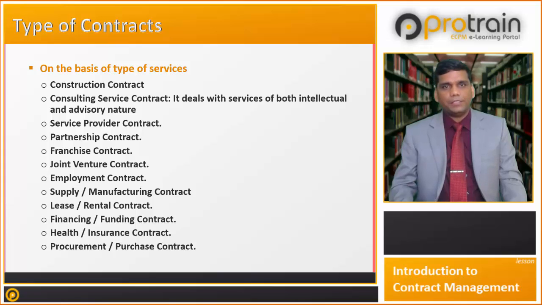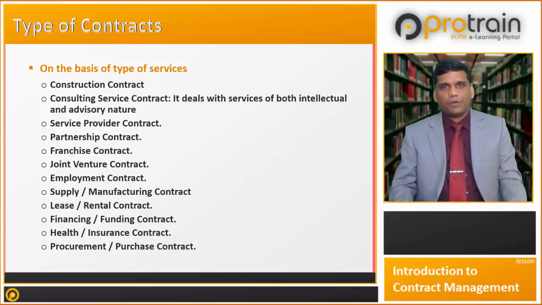Contract categories broadly based on the type of services are the following. Construction contract: it relates to construction involving either civil, mechanical, electrical and instrumentation engineering or a combination of these. Consulting service contract deals with services of both intellectual and advisory nature.